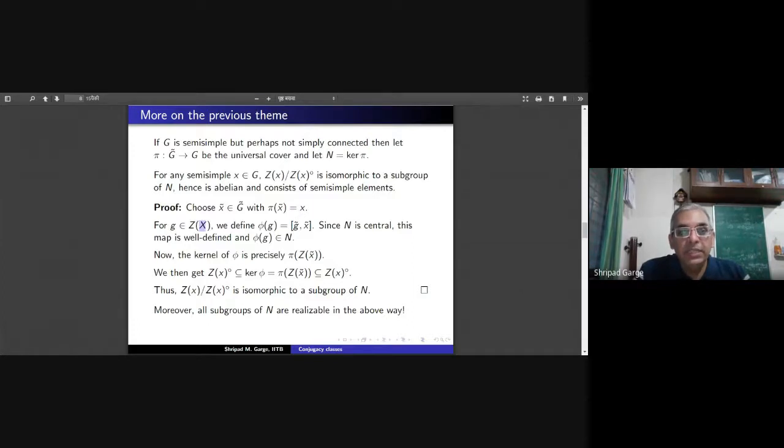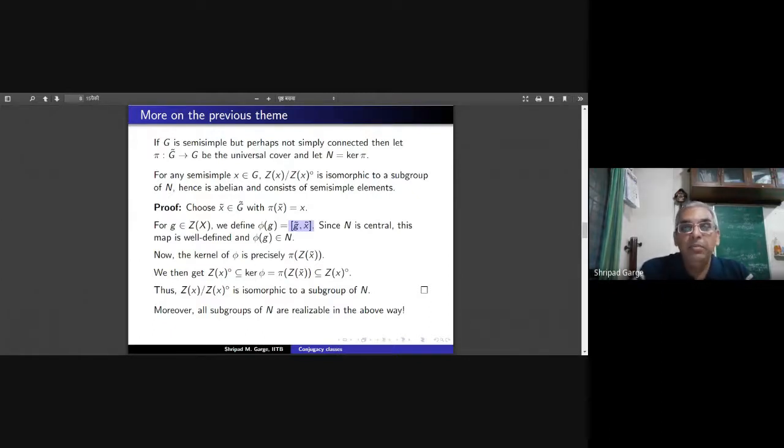If you are starting with a G in the centralizer of small x, you take again any lift of G, which is G tilde, and take the commutator. So this G tilde X tilde, we claim that this is in N.